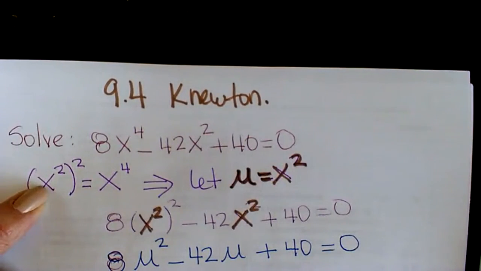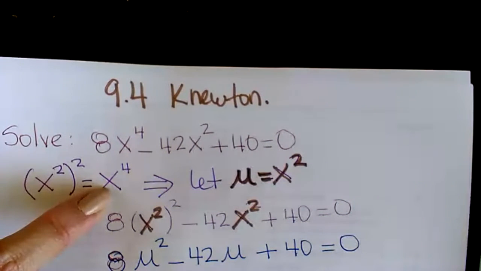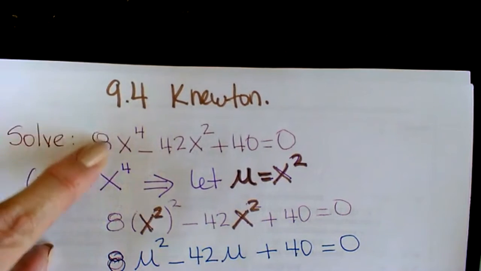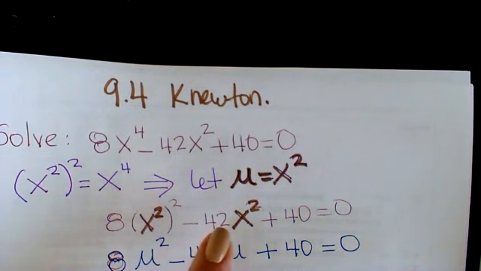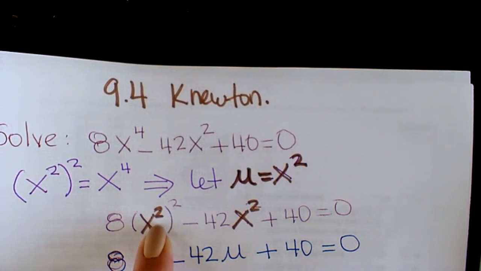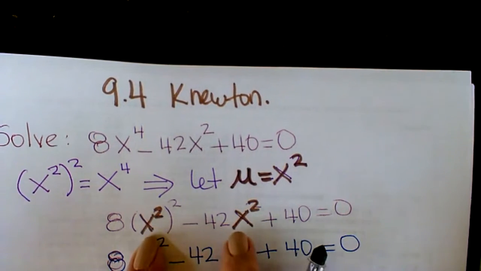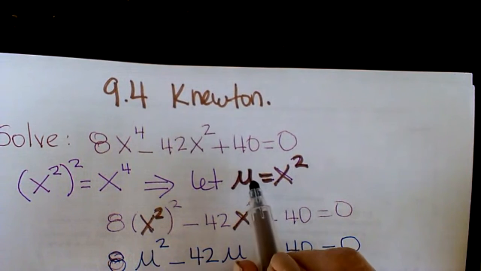Because I know that x squared to the second power is x to the fourth power. So I'm just rewriting x to the fourth power this way, and I'm going to substitute x squared with a u.